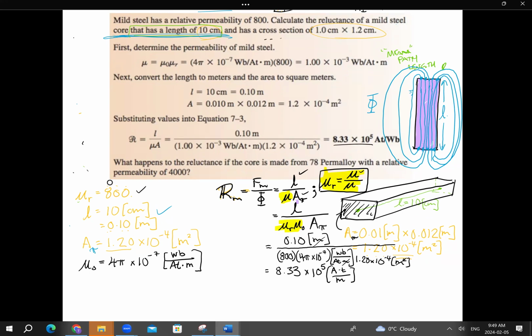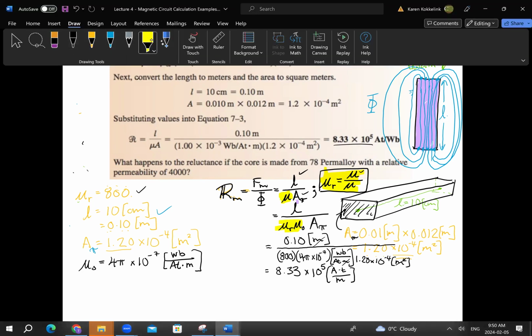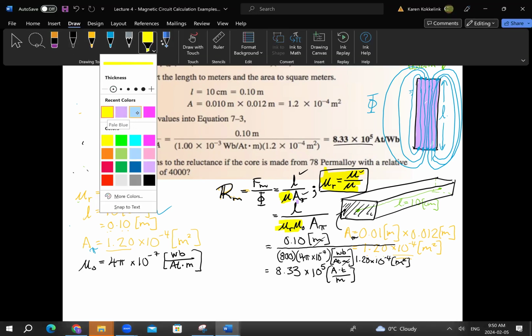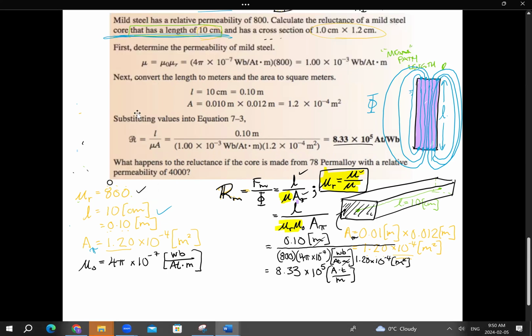At least there's that. So we have just taken this formula and substituted in, but in order to do that, we had to remember a few things. Let me just highlight those things that we had to focus on here. We had to remember that the mean path length is that of this path up here.